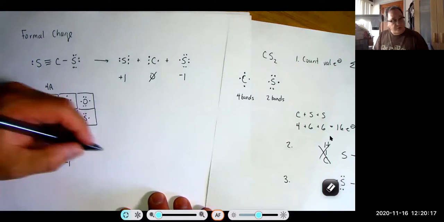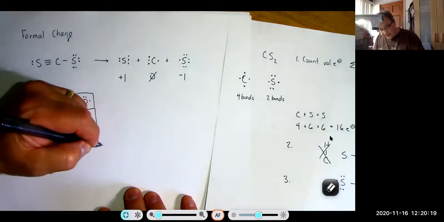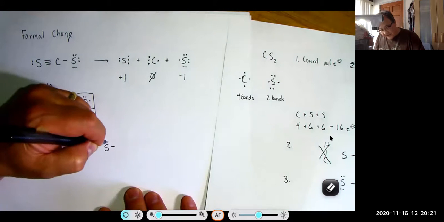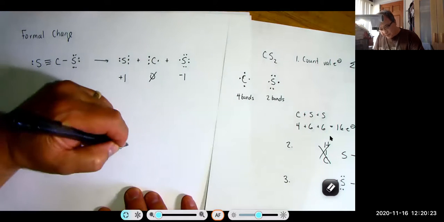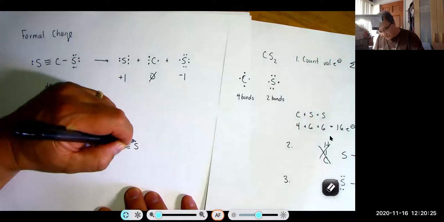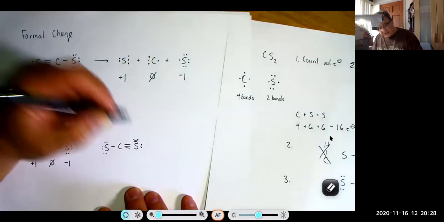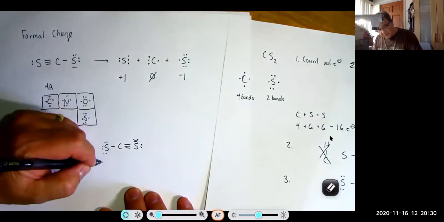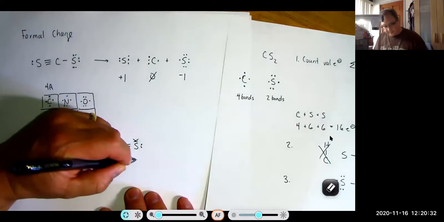For the other structure, we had the single bond on this side and the triple bond on this side, and the formal charges are -1, 0, and +1.